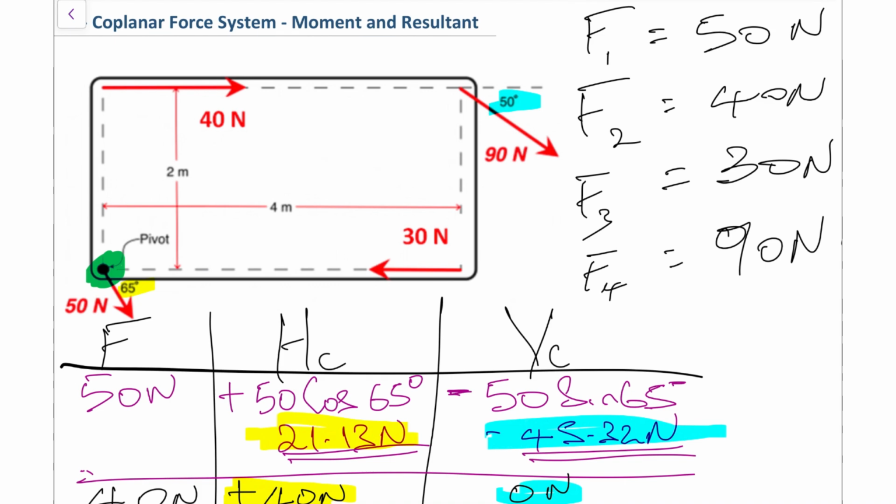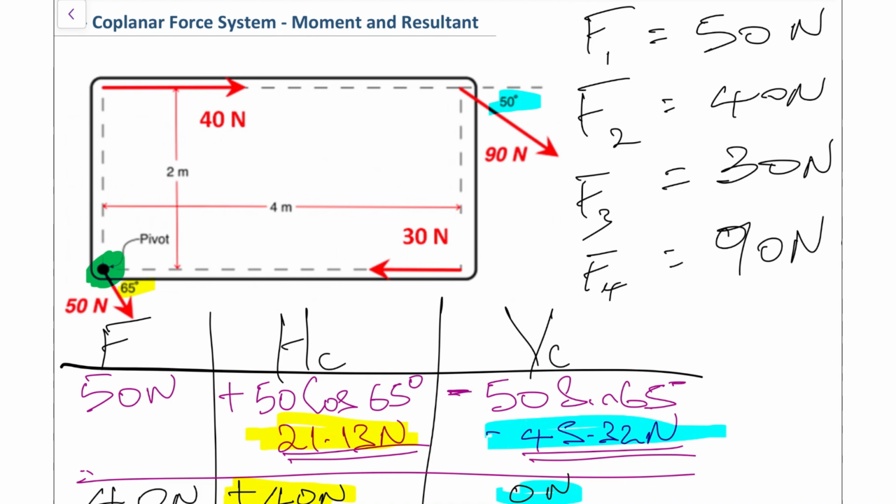And what we're going to do now is to calculate moment, and I'll explain that further in a second. But moment is just simply our force multiplied by perpendicular distance. So if we have a force and its perpendicular distance from that pivot point is known, then what we do is to just multiply the two, the force multiplied by the perpendicular distance.